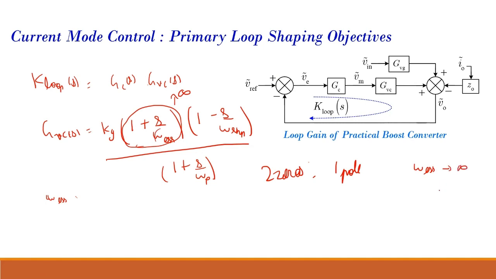It is a zero located at infinity. So we can neglect the impact of this zero, and it will have negligible impact on the response of my system. So effectively, Gvc of s can be written as Kg times (1 minus s upon omega RHP) divided by (1 plus s upon omega P).